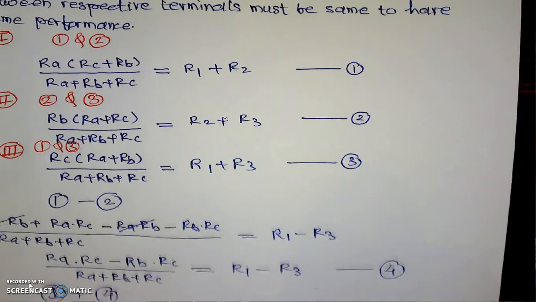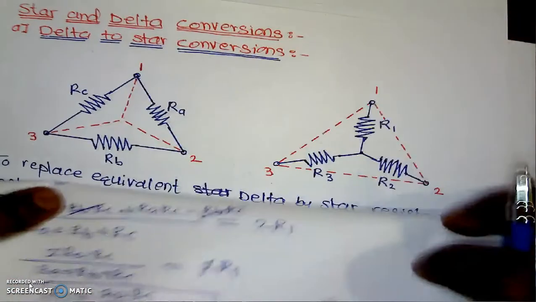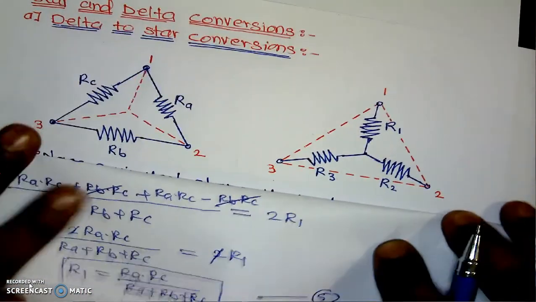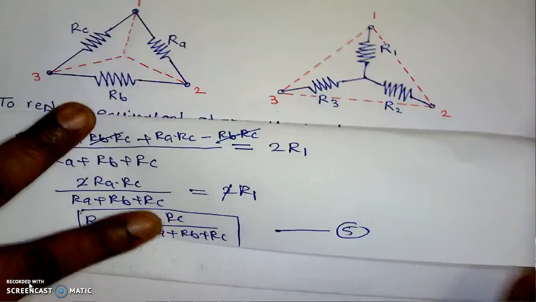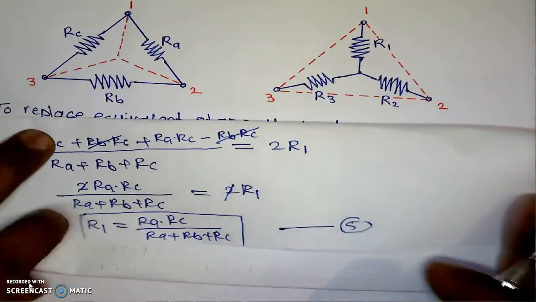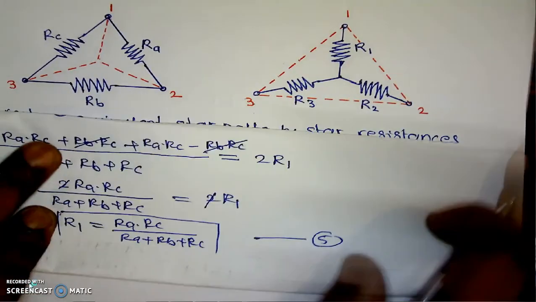Now, for equation number 5, we will see how we have calculated this value. Look at the terms carefully and then we will solve the remaining things. Look at how we have calculated R1.